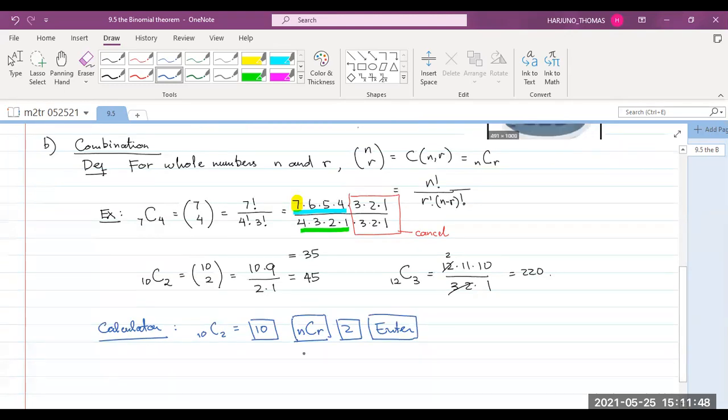You find your NCR at PRB, NCR. Now try 10 PRB NCR, enter, and then 2, and then enter. You should get 45. Try it, please.